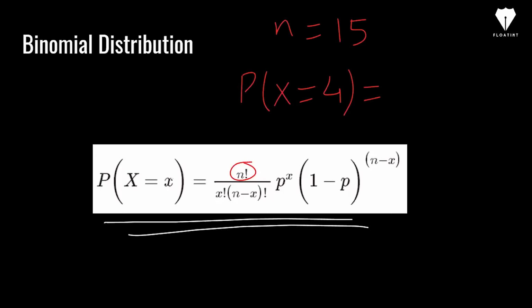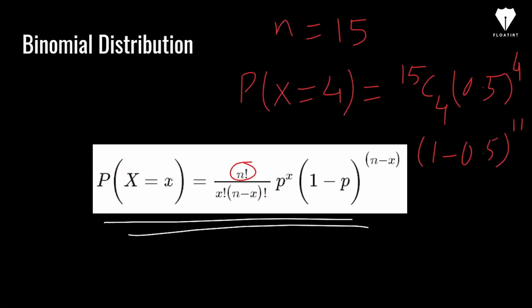So x equal to 4 means the probability that I will get 4 heads. In this case, the probability is 15C4 into 0.5 to the power 4 and so on, because p in the case of tossing a coin is 0.5. If you use this formula, this will be the value.